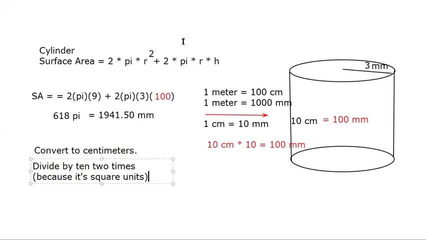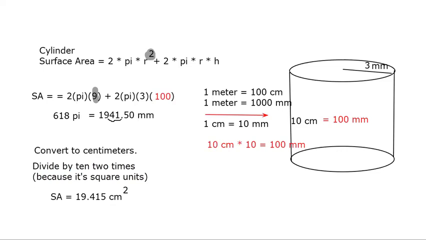But since it's a square unit, we have to divide twice. So that means our decimal is going to scoot to the left. It's going to get smaller. 1, 2. So in centimeters, our area is 19.415 square centimeters. And there you go.